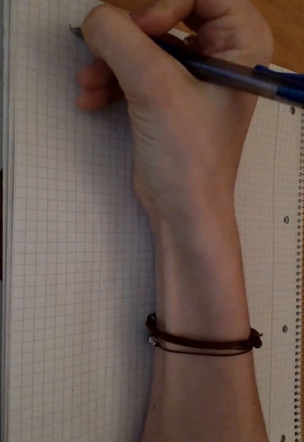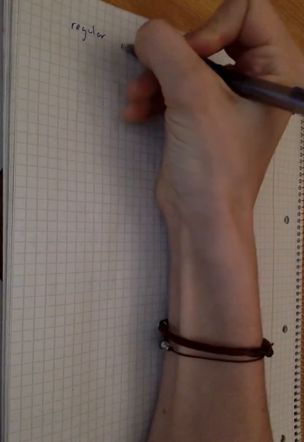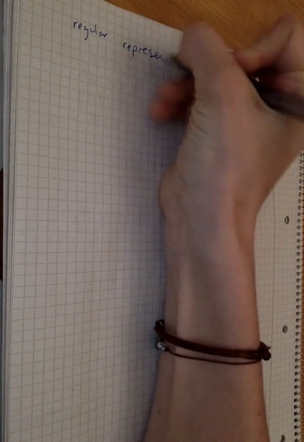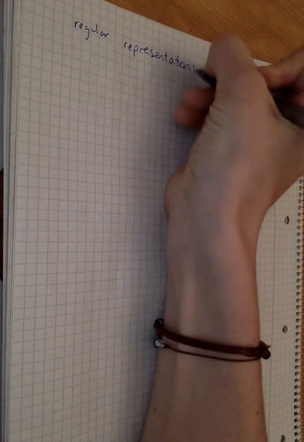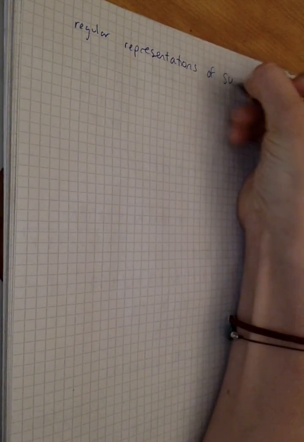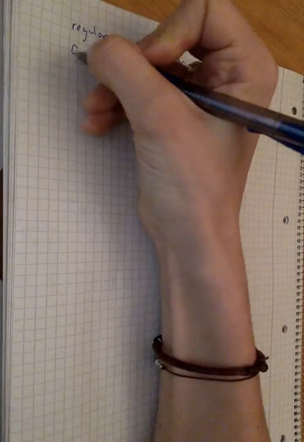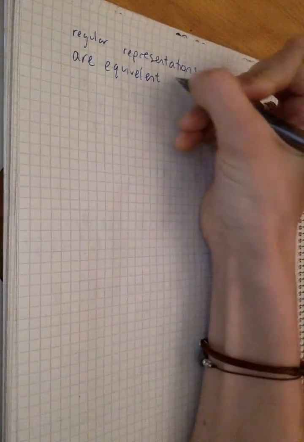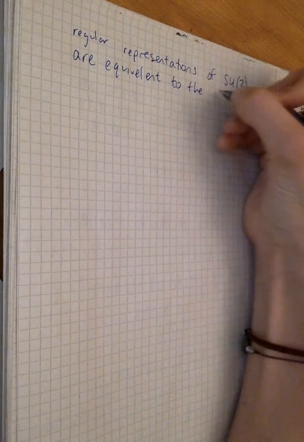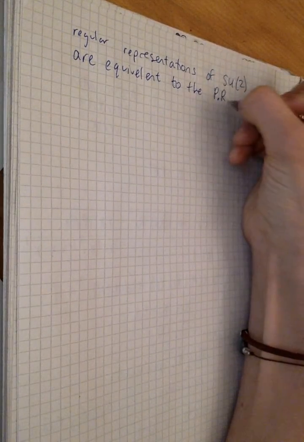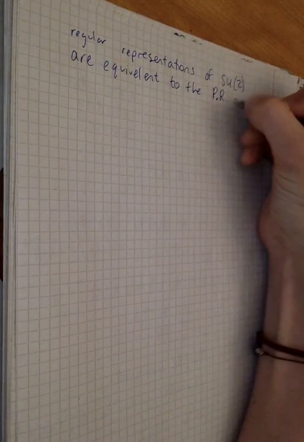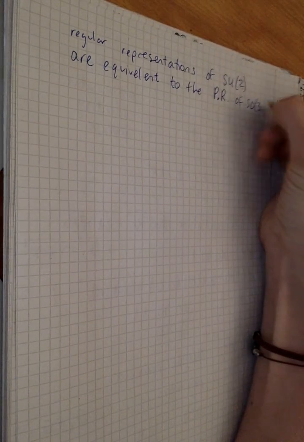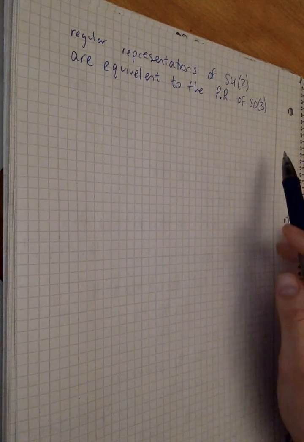What I just said was that the regular representations of SU2 are equivalent to the projective representations, I'm going to call it PR, of SO3. What does this mean? Why is this helpful?